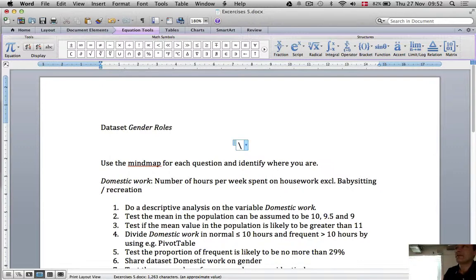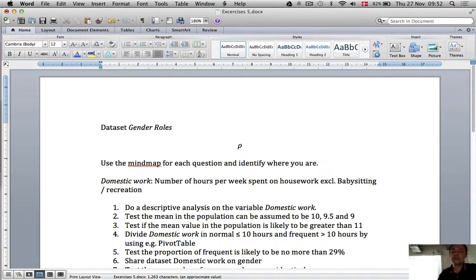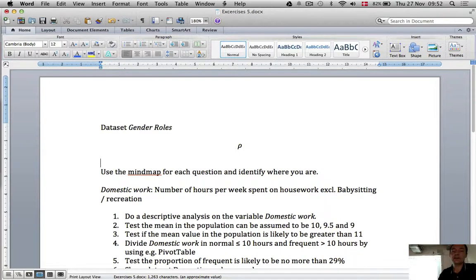You press Shift Alt 7, Shift Alt 7. So this is a rho, and we use that Greek letter to name the correlation coefficient. It's not really important if you know that, but it looks nice if you do a report.